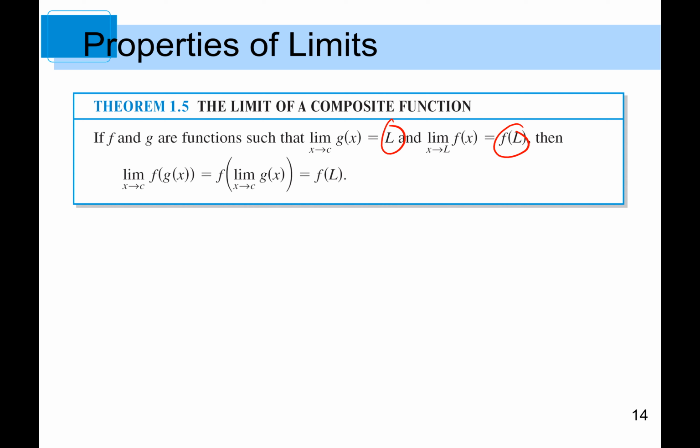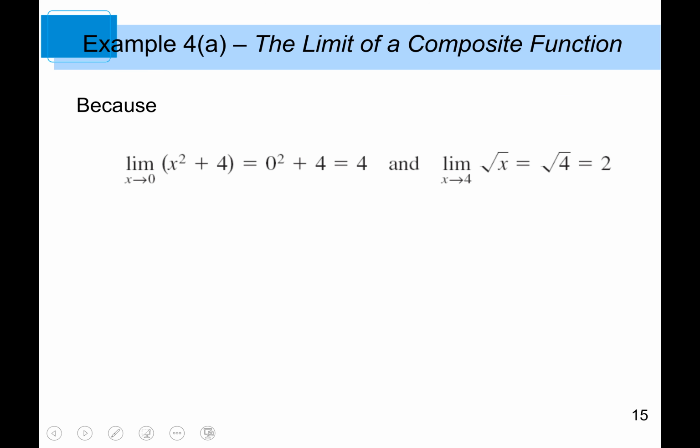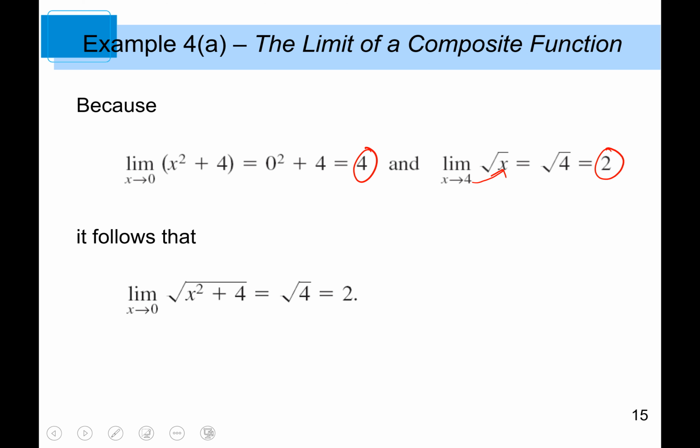And since this part becomes L, we have f of L. So, limit of a composite function. The limit as x approaches 0 of x squared plus 4 equals 4. The limit of the radical of x, replacing x with 4, gives the radical of 4, which becomes 2. So the limit of the composite function, radical of x squared plus 4, is just equal to the radical of 4, which becomes 2.